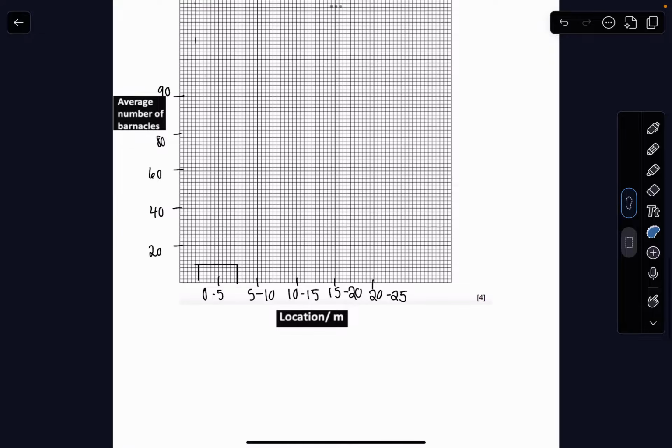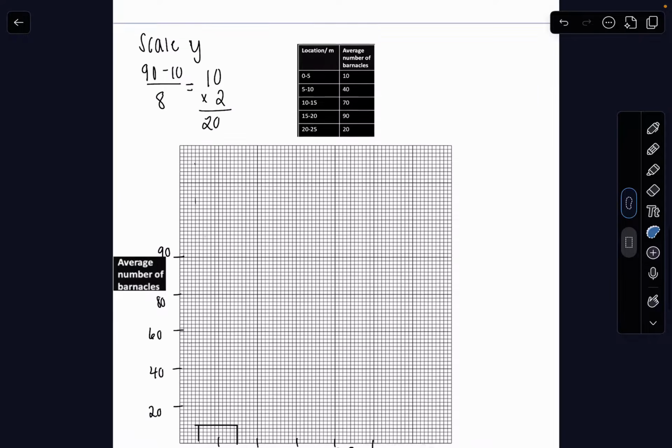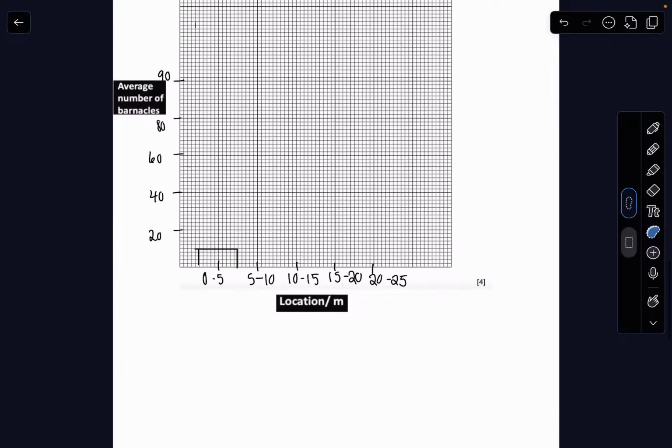Next one, we're going to do the same thing. Remember, the 5 to 10 should be touching our 0 to 5. So 5 to 10 should go up to 40. So up to 40 we go. This one again, 5 boxes wide on either side of our line.